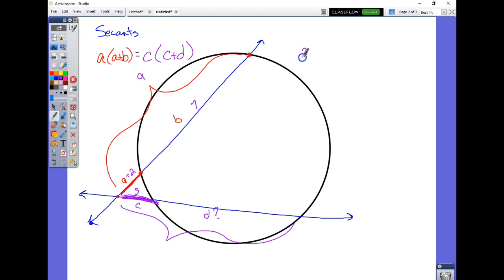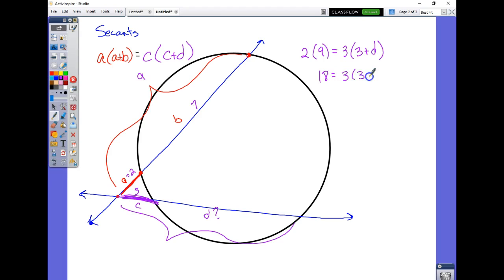So I would have 2 times 9 is equal to 3 times 3 plus D. So in this case, we'd have 18 is equal to 9 plus 3D, or actually, I don't know why I did it that way. I would have just divided by 3 here.